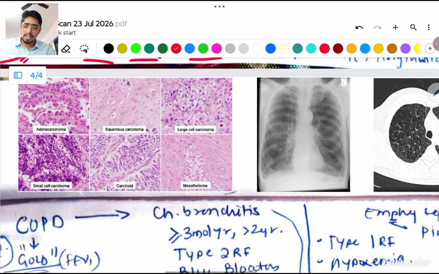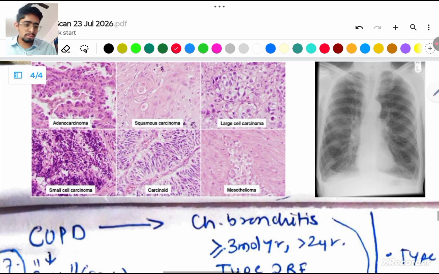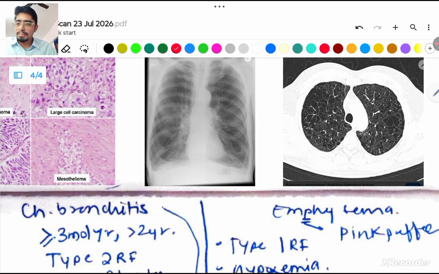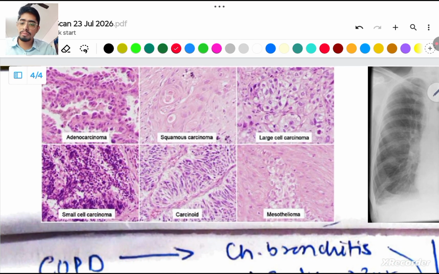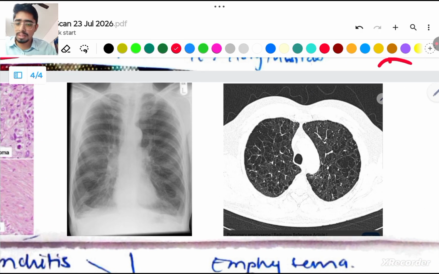Now let's look at some images. Okay, in this page we'll be discussing carcinomas, COPD, and emphysema. Now this is your picture of lung carcinoma. We will have a discussion of lung carcinoma ahead. Now what are these two pictures? These two pictures are your COPD, chronic obstructive pulmonary disease.